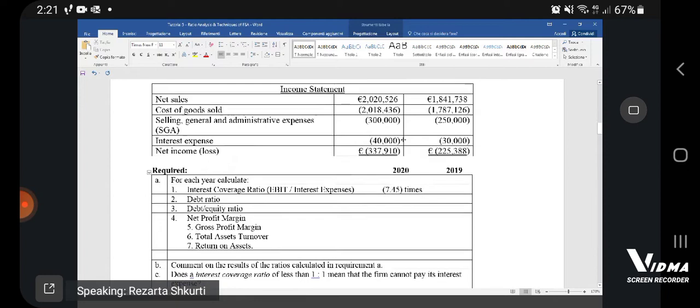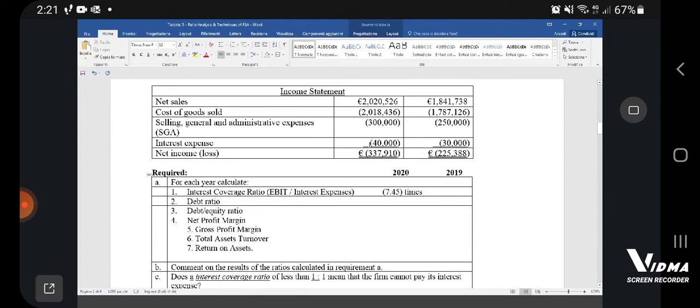Remember that the interest, okay, I understand now your confusion. We have the net income here only. So in order to calculate the EBIT, earning before interest and taxes, we start from the net income and we add back first taxes if we have them, and then interest. In this case, we do not have any tax expenditure, so we just add back the interest expenditure.